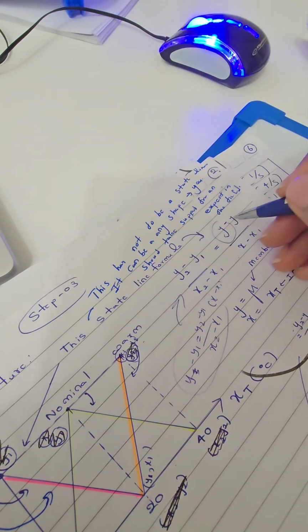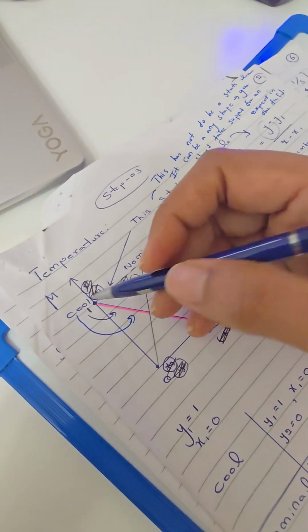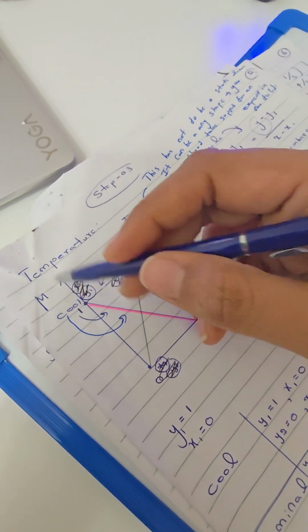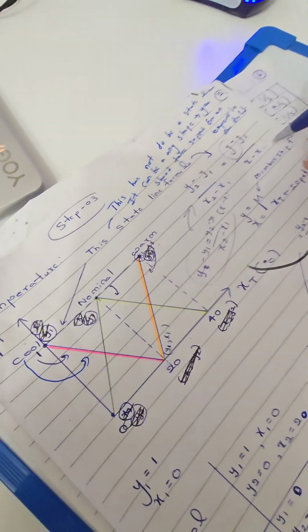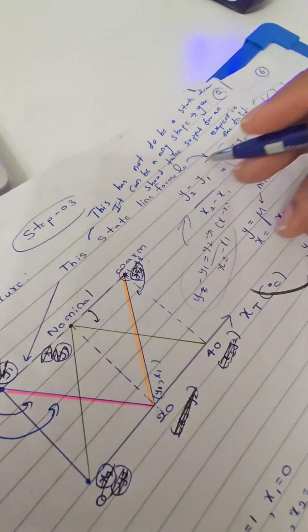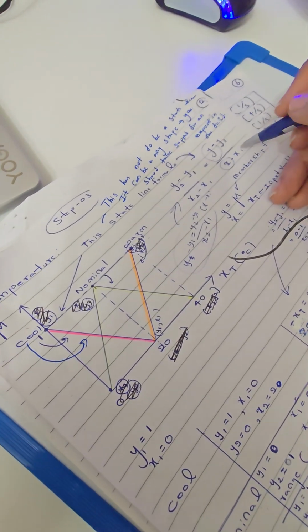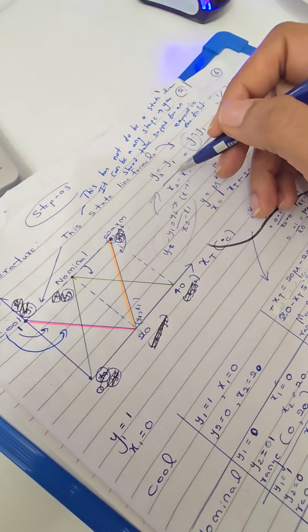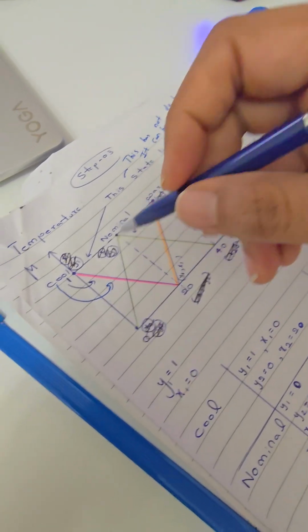Here y is mu, in our case mu temperature, and x is temperature. So these two values we don't know, but we know y1, y2, x1 and x2 for each of these graphs.